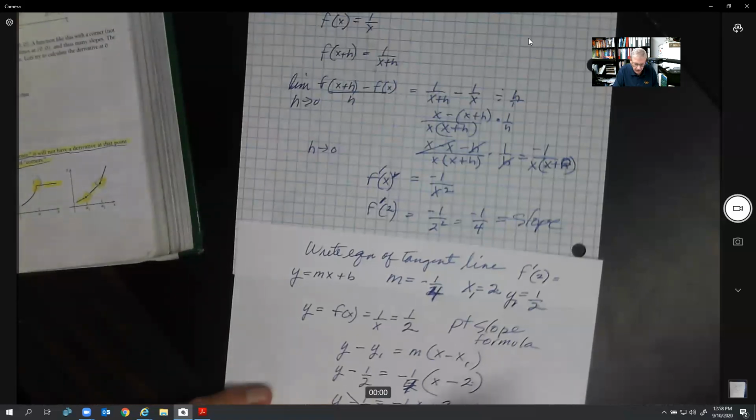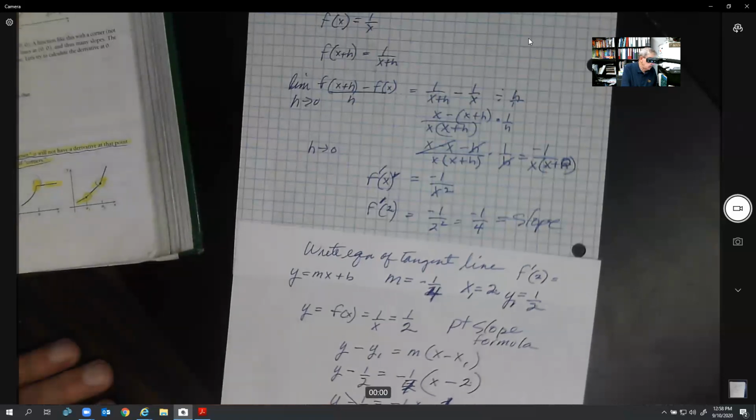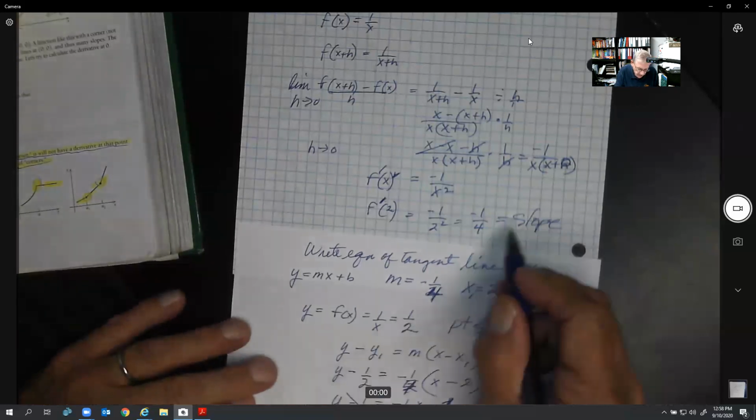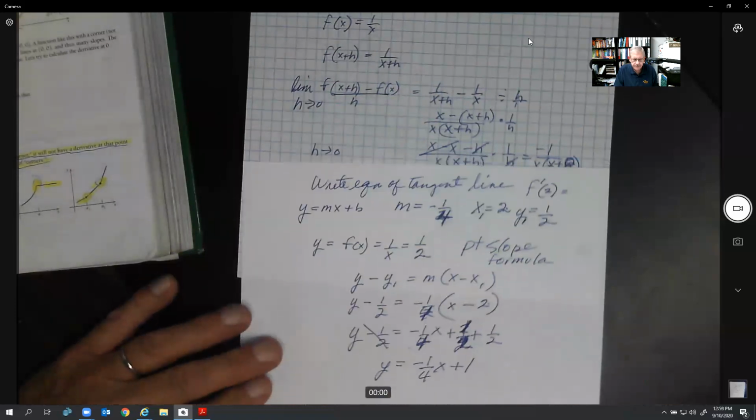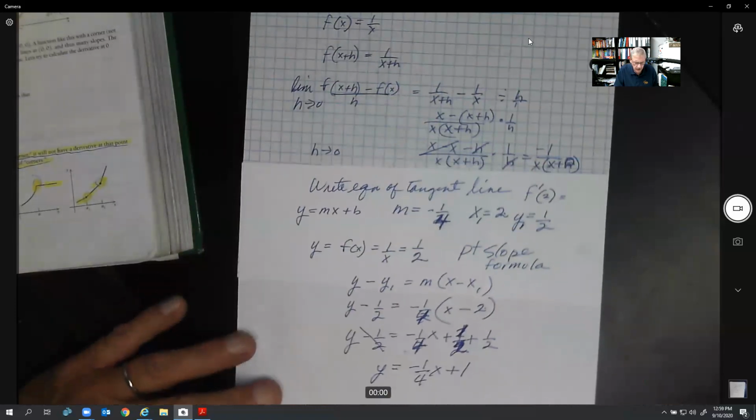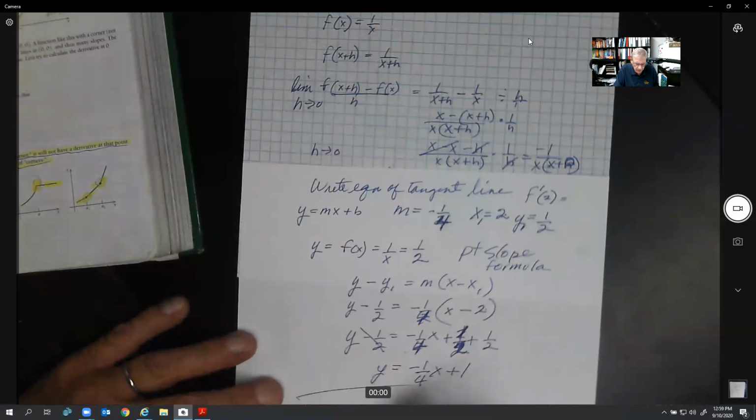We bring over the 1/2, that would be 1/2. So this would be negative 1/4 x plus 1. I'm sorry I messed up so much on that. Our tangent right here, our slope was 1/4, not 1/2.